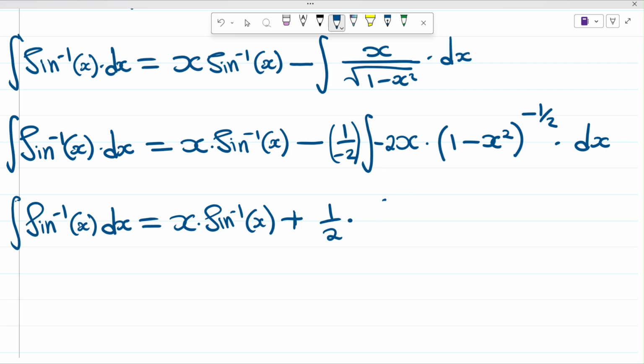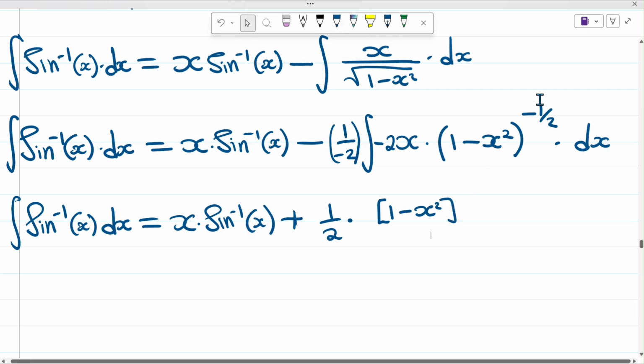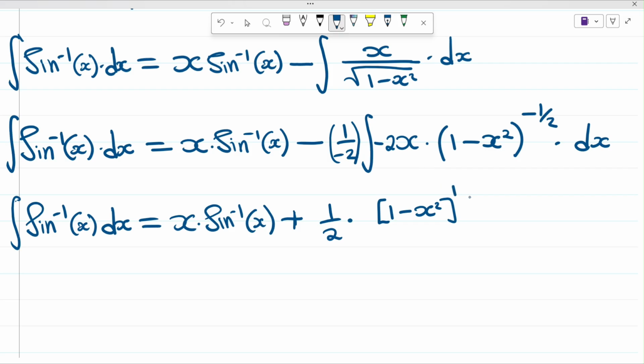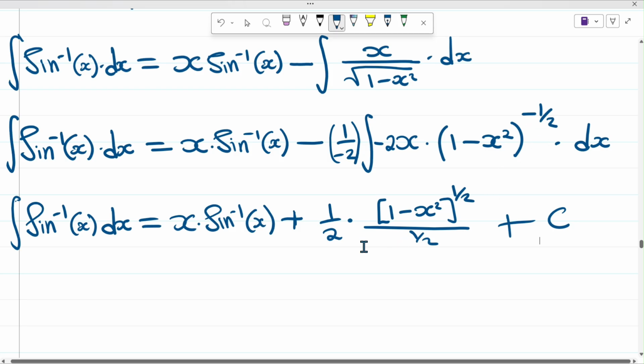And then I apply my general power rule. The general power rule says that you only take the f of x there, and then you add 1 to the exponent. So when we add 1 on the exponent, we're going to get positive half. So this is going to be positive half divided by that positive half, and then plus c. And then this 2 here on the denominator will cancel this half here.